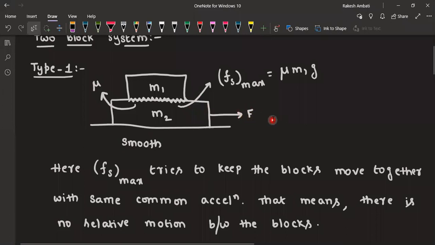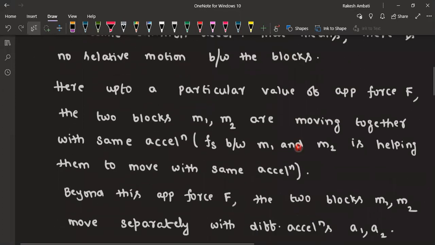So what is the formula? The formula we have to find out. Now I want to find out the force up to which they are moving together with the same acceleration. Write down.